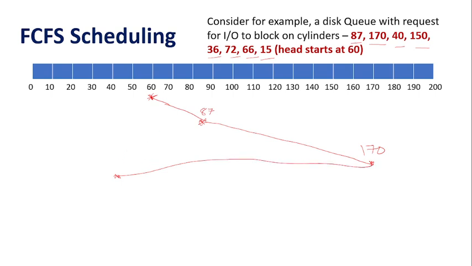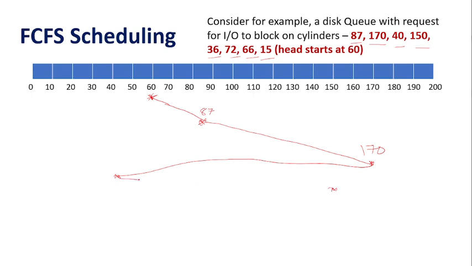Why is this like this? Since we are going first come first serve. After 60, the starting point, who came first? 87. After 87, who came? 170. So 170. From 170 again we come to 40, and then 150.